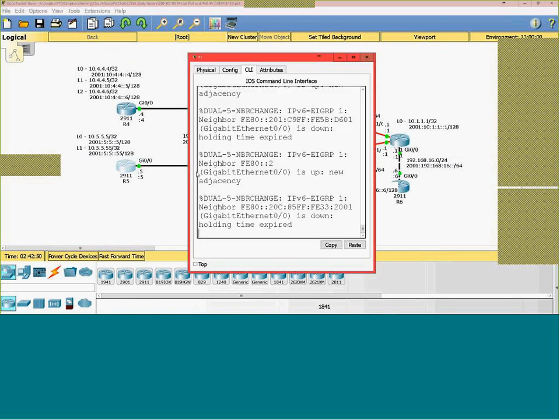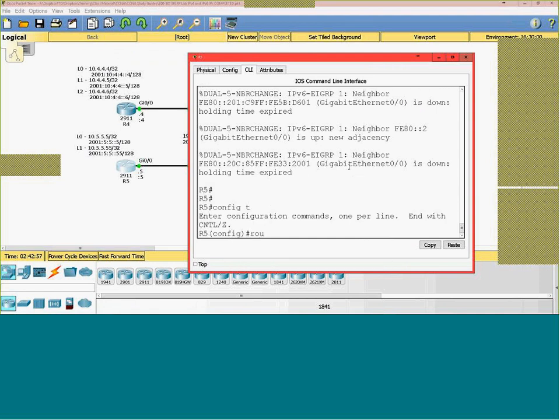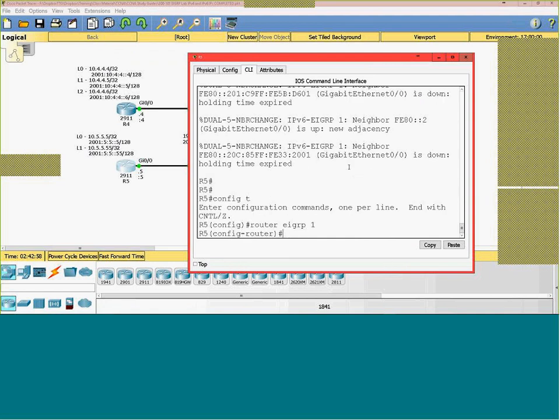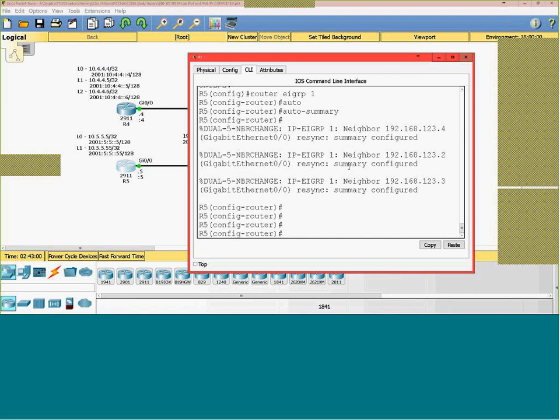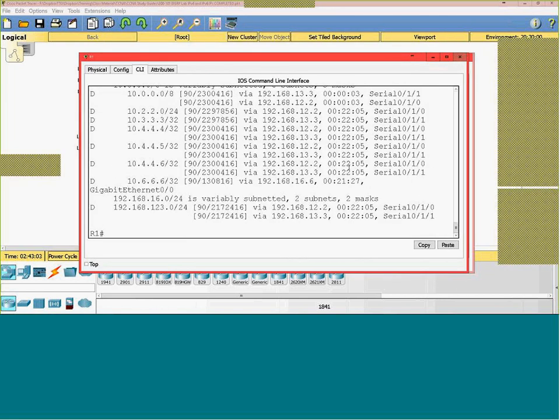But if I come into router 5 and I go into the EIGRP routing process and I type auto summary and I come back to router 1, the 10.5.5.5 and the 10.5.5.55 networks disappeared because they are now included in this subnet.